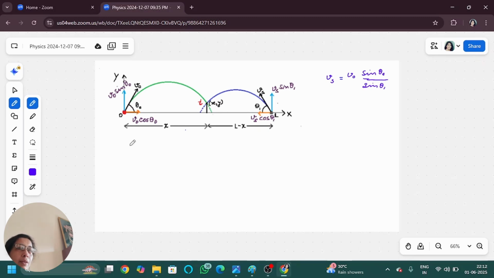So putting the value of Vs in equation 5, we get V0 sin theta 0 by sin theta 1 multiplied to cos theta 1 into t is equal to L minus V0 cos theta 0 t.